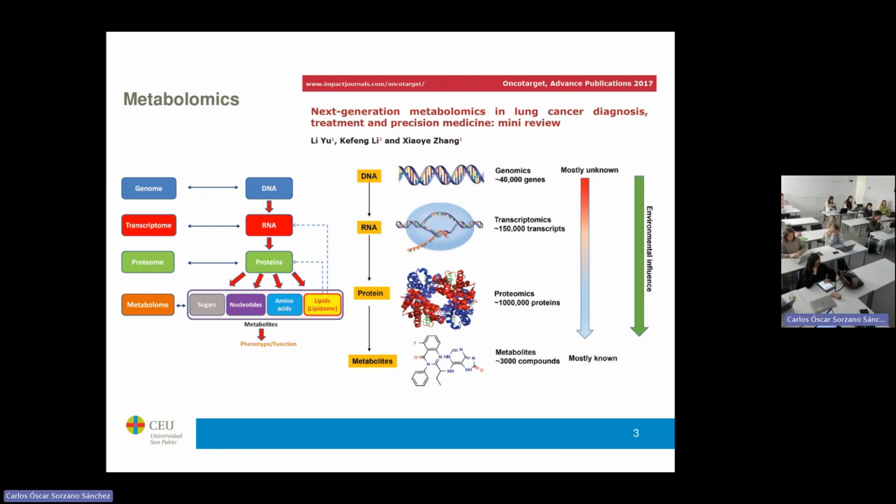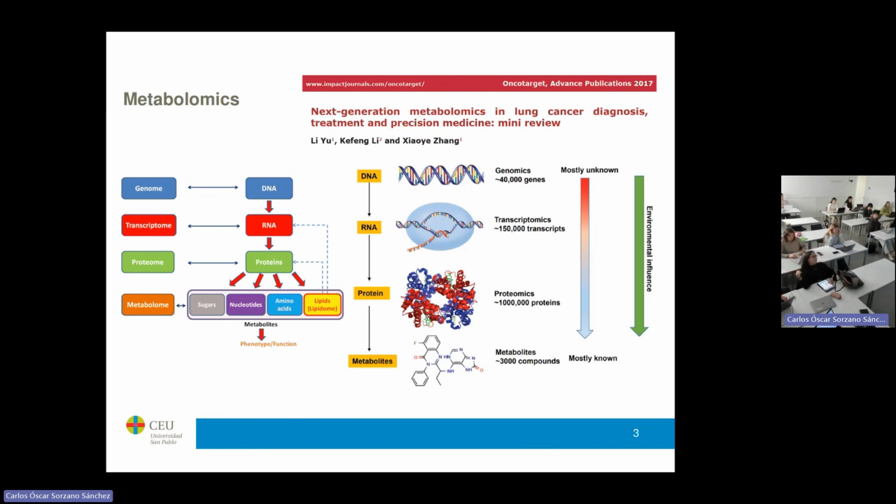Metabolites are really small things, and the number of these entities matters. We have about 40,000, 20,000, 30,000 genes; there are different estimates of the number of genes that we have.